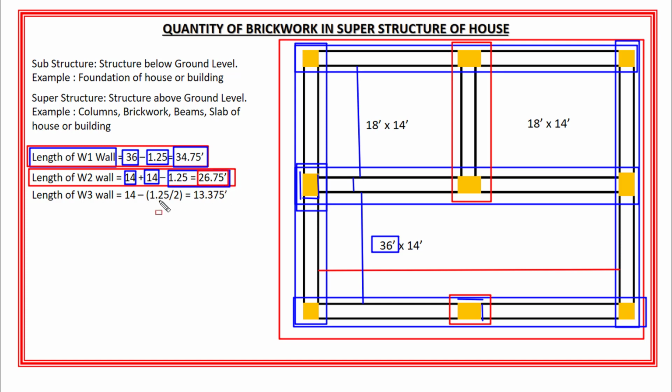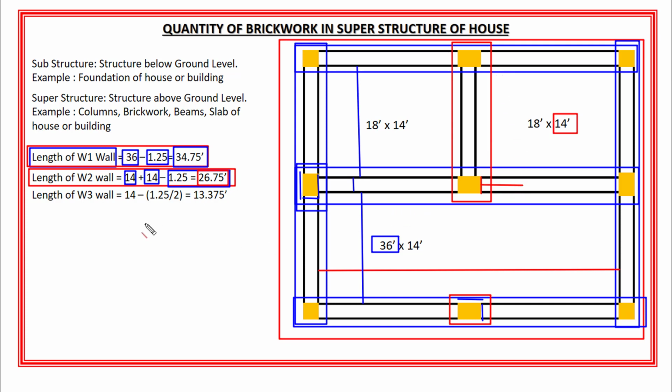Similarly, I will find out the length of W3 wall as well. So here the width of this room is 14 feet and the length of this column is 1.25 feet. So here I will subtract the half of the length of this column from the width of this room. Okay?